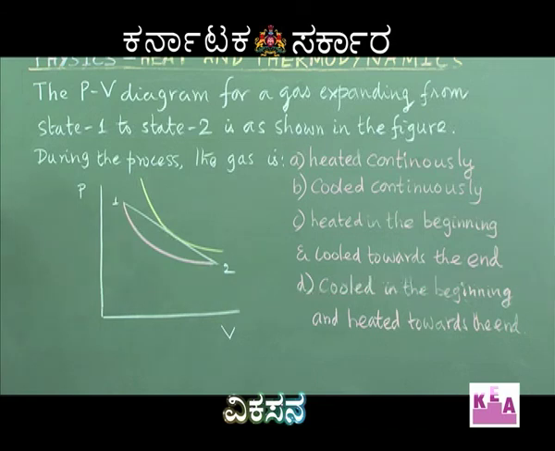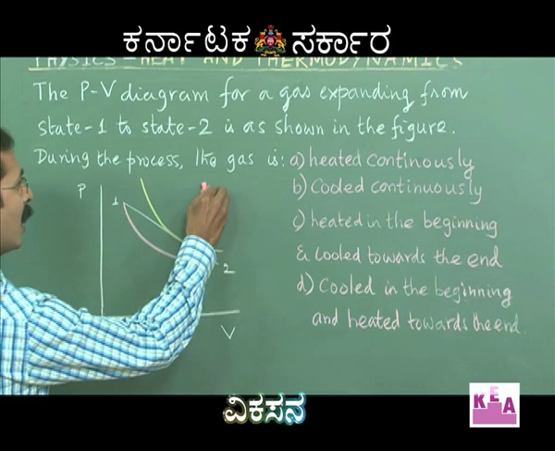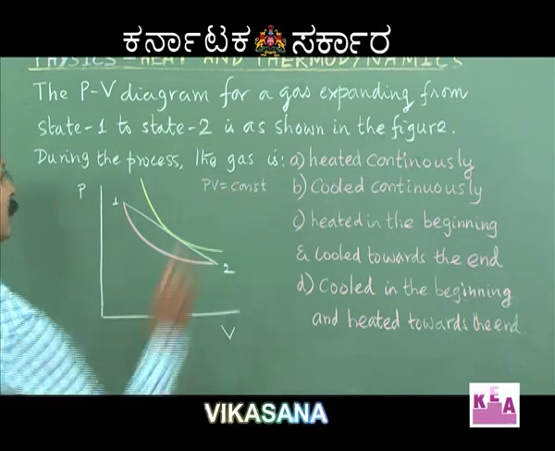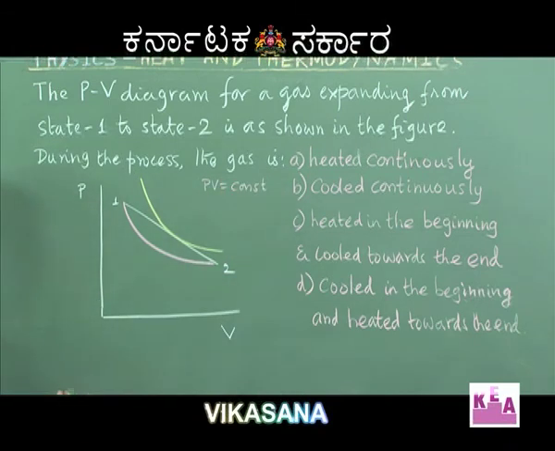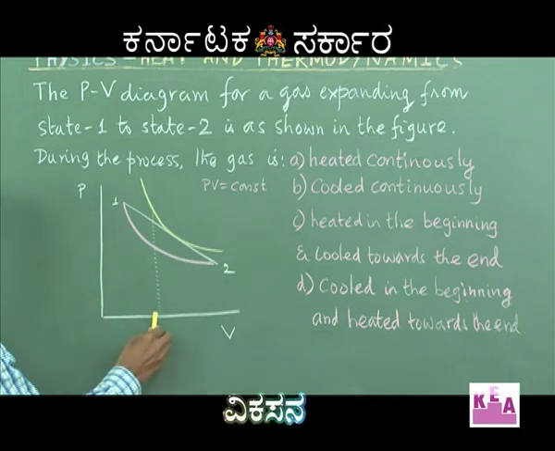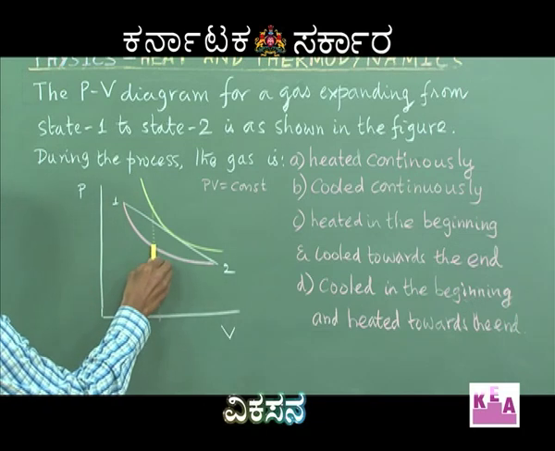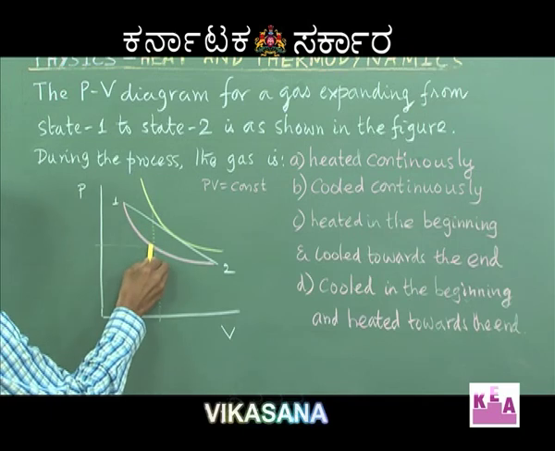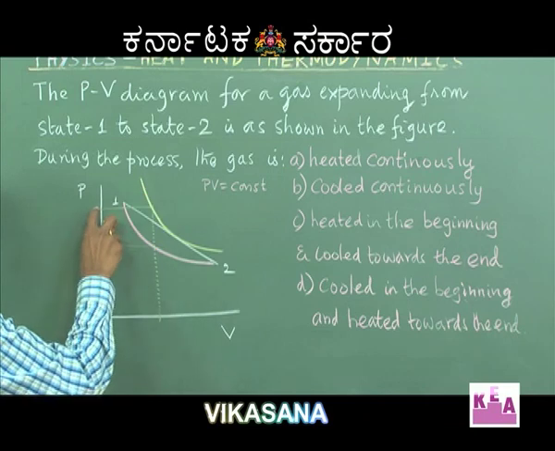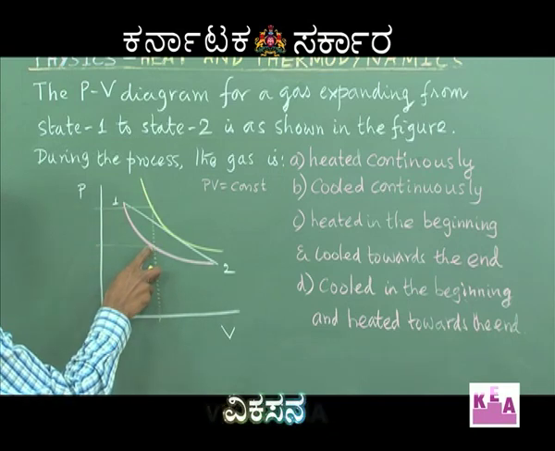These are the two isotherms. Isotherms are the graphs which show PV = constant. But as I can see here, if I draw a vertical line here, for the given volume, this pressure is lower than this pressure. That is, the upper curve has a higher pressure than the lower one.